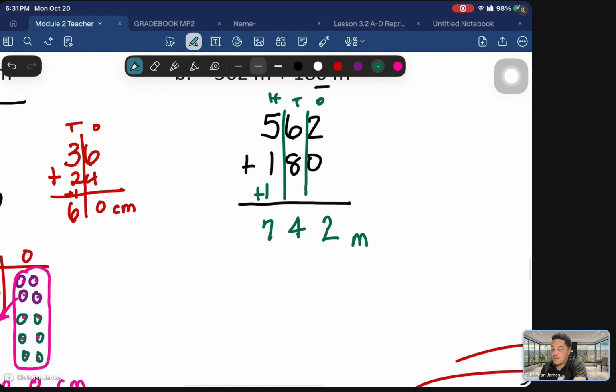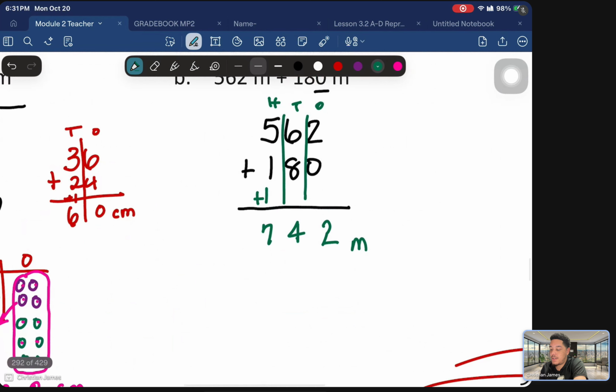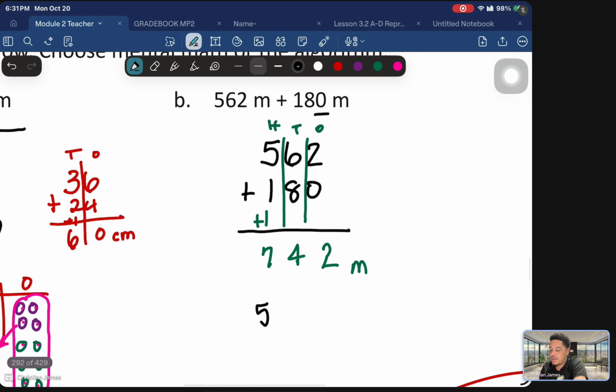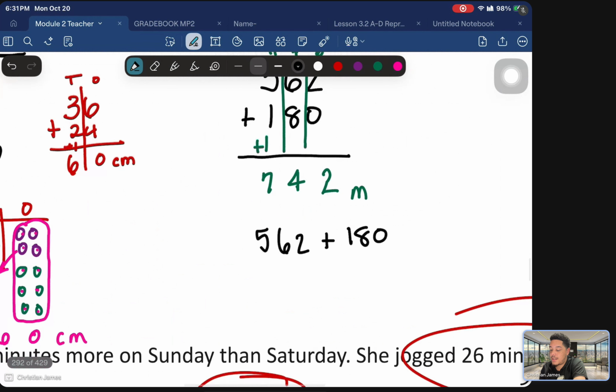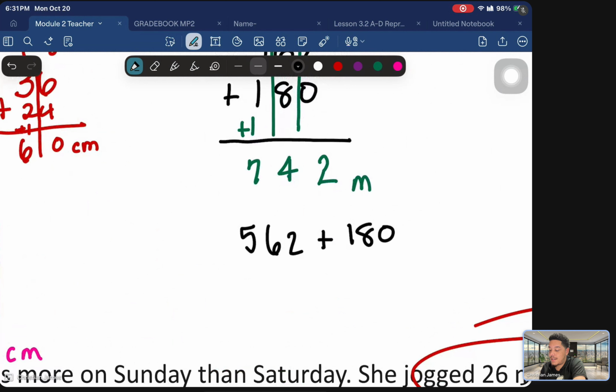You can also use the same strategy of renaming these tens. So you could do 562 plus 180. To get to 560, I could take away 2, so minus 2 on this side, and I can add 2 on this side.